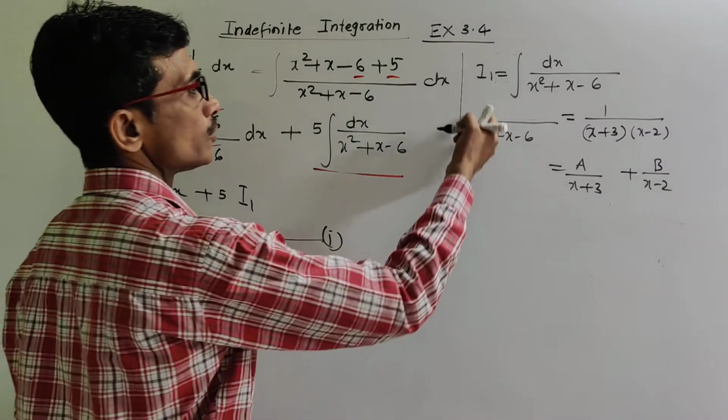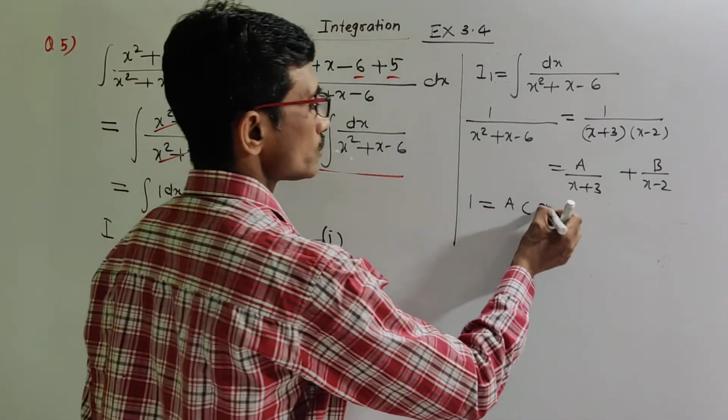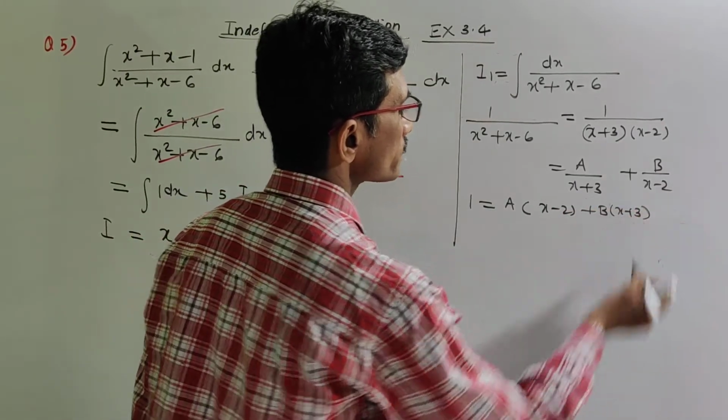Now numerator 1, that is a into x minus 2 plus b into x plus 3.